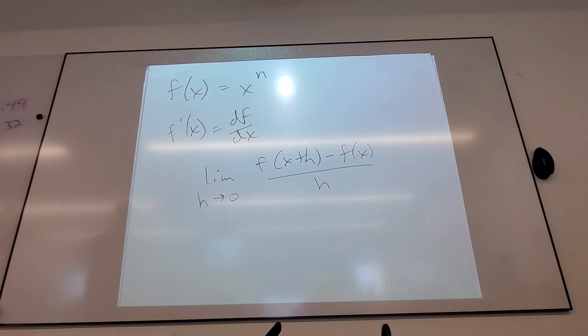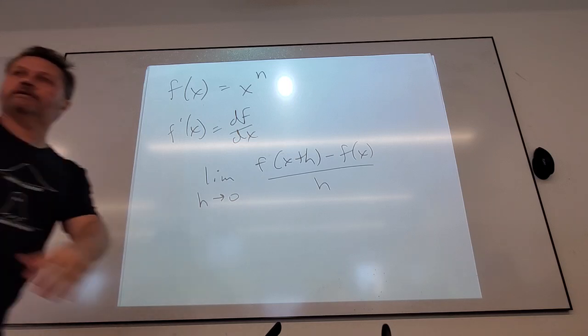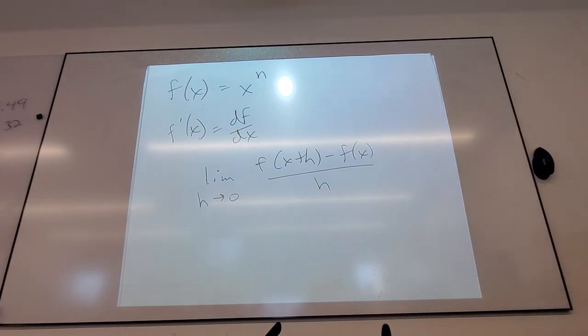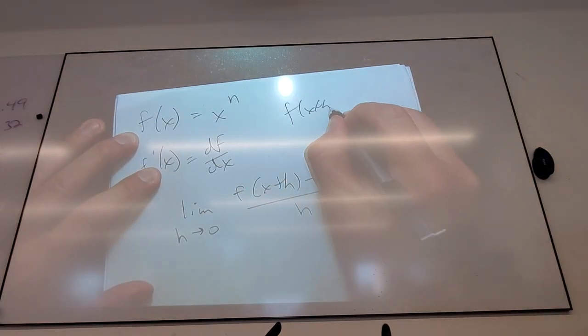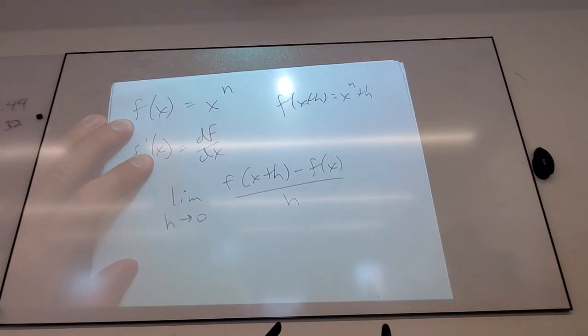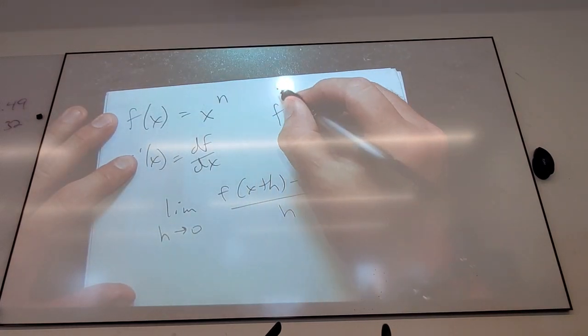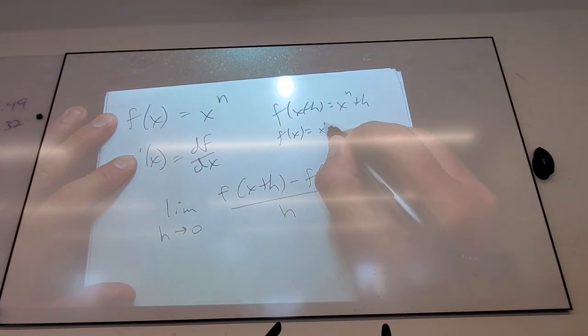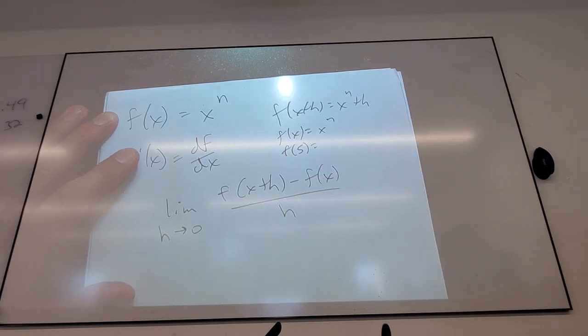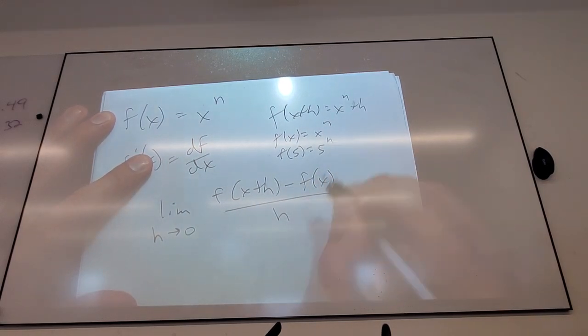What is f of x plus h in this case, in this very specific case? x plus h. Yeah, just replace x with x plus h. I'll get people telling me f of x plus h is x to the n plus h. Does everybody see that's very wrong? Why is it wrong? Here's why it's wrong. If f of x is x to the n, what is f of 5? 5 to the n. 5 to the n, yes?